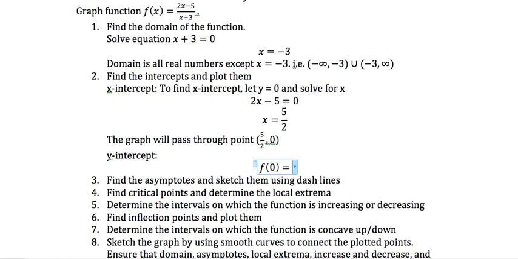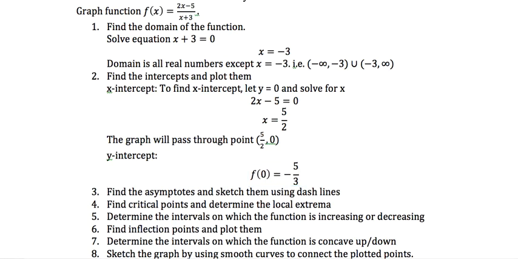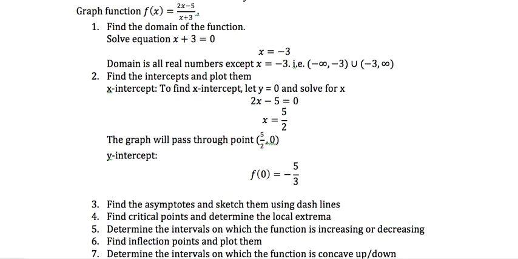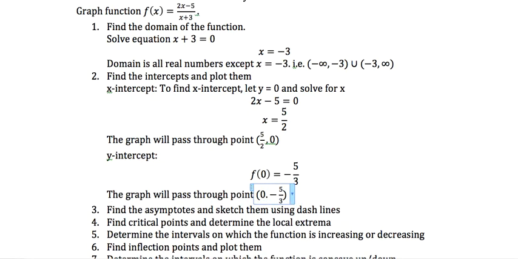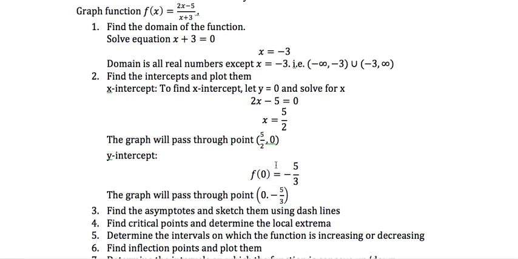If x = 0, the numerator will be -5 and the denominator will be 3, so the answer will be -5/3. That's the y-intercept. This means the graph will pass through the point (0, -5/3). So we finished the first two steps.